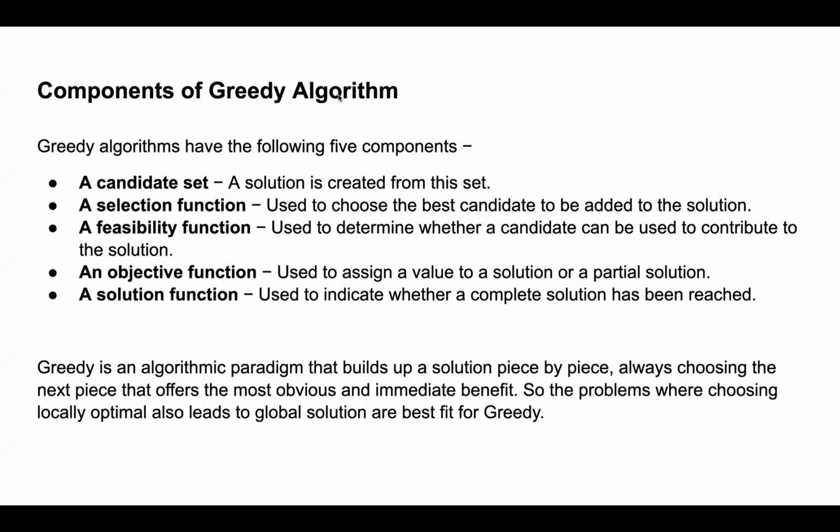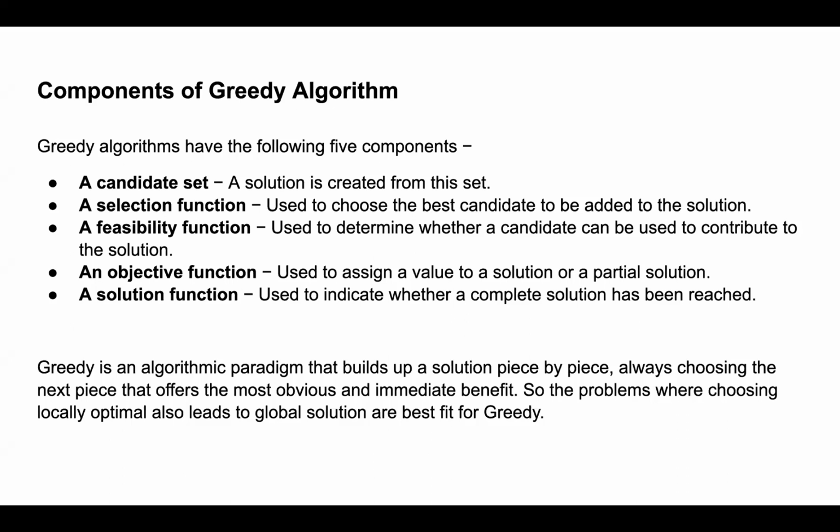Greedy is an algorithmic paradigm that builds up a solution piece by piece, always choosing the next piece that offers the most obvious and immediate benefit. Up till now, what we have seen is in this one sentence.